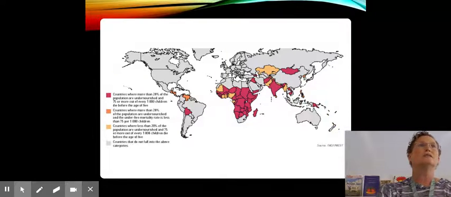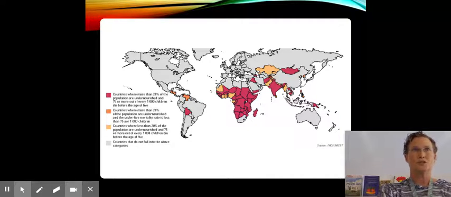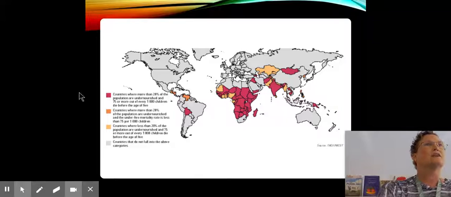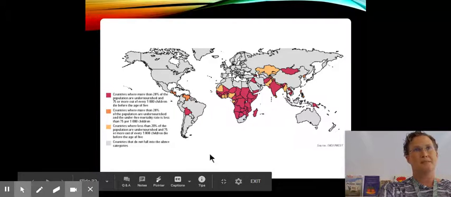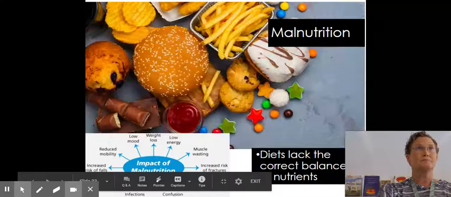Okay, so all around the world, there are different levels of hunger and malnutrition. So you can look at this map and read what this map is indicating to kind of give you an idea of what's going on around the world.